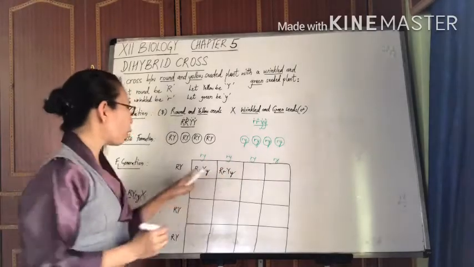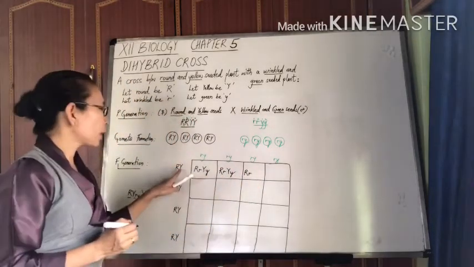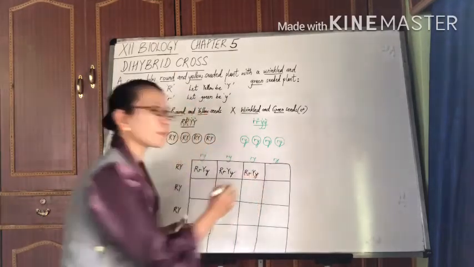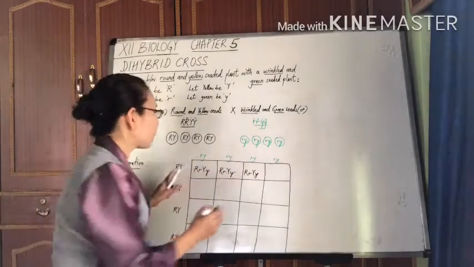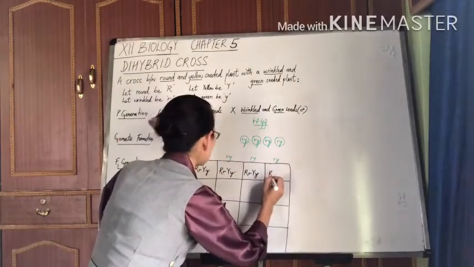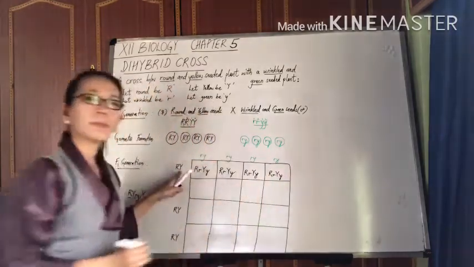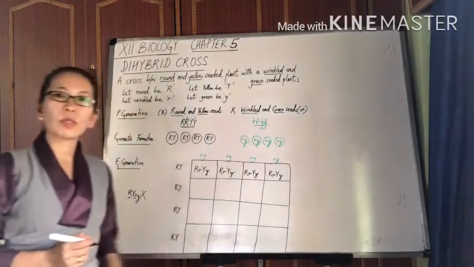In the third box, it would be capital R, small r, capital Y, small y. Then in the fourth one, also capital R, small r, capital Y, small y. So we completed the first row here.